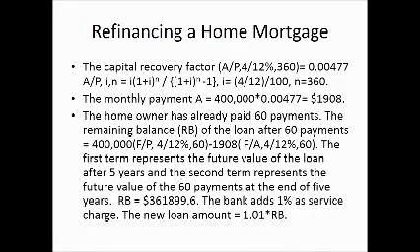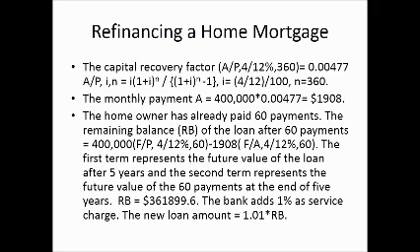The homeowner has already paid 60 payments. So you already paid part of the loan. So the question is, what's the remaining balance after making 60 payments? A remaining balance represented by RB equals this expression, 400,000 times F over P, 4 over 12%, 60, minus 1908 times the factor F over A, 4 over 12%, 60. The first term represents the future value of the loan after 5 years if nothing was paid to repay the loan.